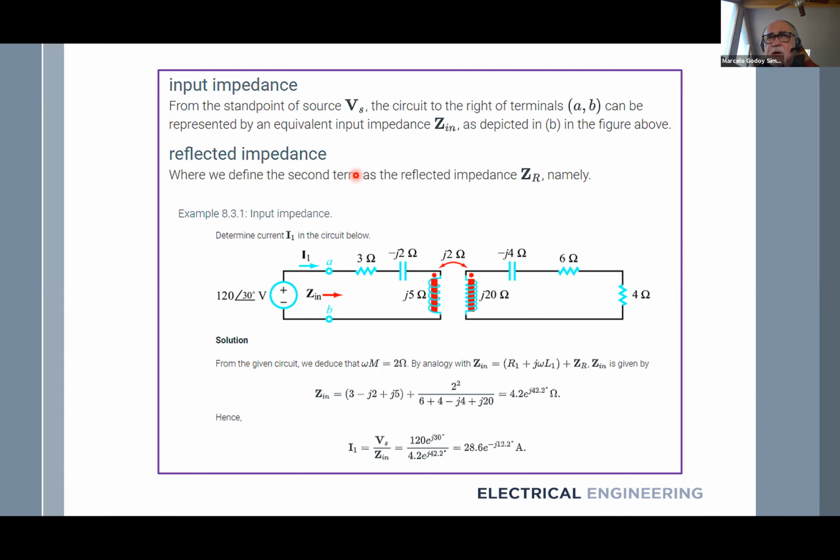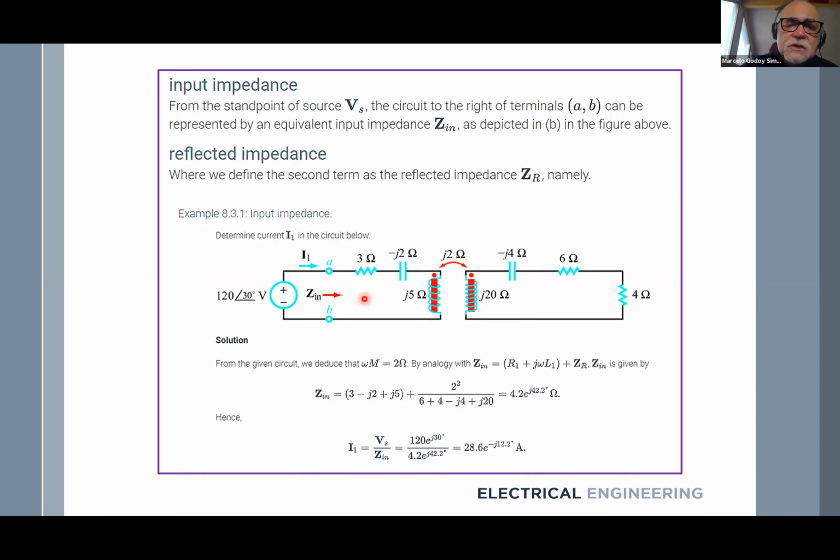If your imaginary part is positive, that means your impedance has a resistance, which is the real part, plus an inductance. That's why I have plus J. If your imaginary part is negative, that means real part minus J something. That means the impedance is a resistance plus a capacitor, because a capacitor will give you a negative value on the imaginary part. That's the definition of impedance.